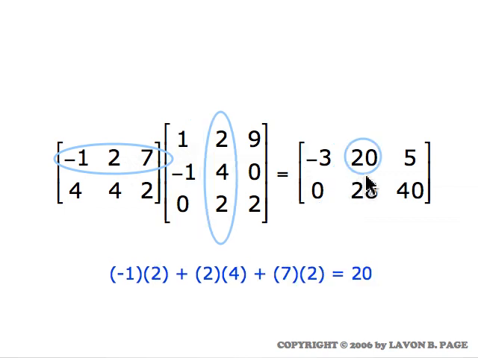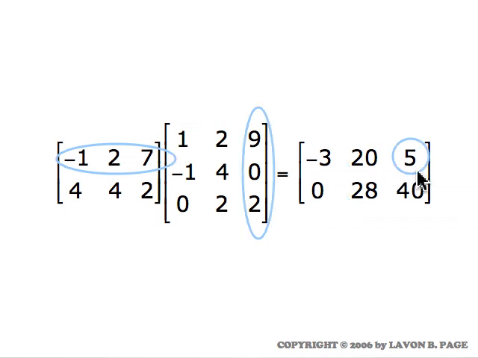The entry in row 1, column 2 is determined by multiplying row 1 of the left matrix times column 2 of the right matrix. -1 times 2 plus 2 times 4 plus 7 times 2 is 20. The 5 in row 1, column 3 is obtained by multiplying row 1 of the left matrix times column 3 of the right matrix in the same fashion.